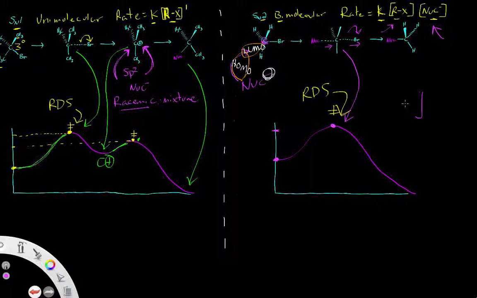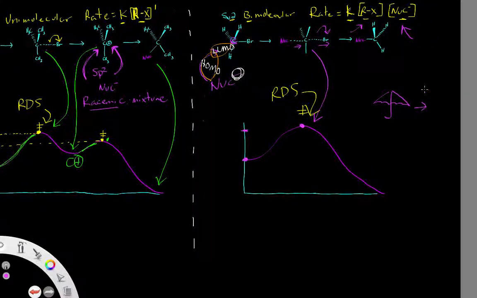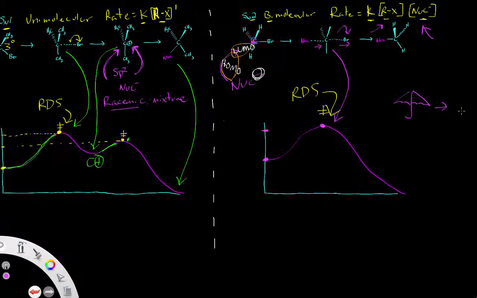But if you have something like this, and you go through a tropical rainstorm, you may end up with an inverted umbrella, and that inverted umbrella will probably look something like this, because we'll just assume that the wind blew this umbrella and inverted it in the opposite direction, as indicated right here. And so anyway, that's just kind of the analogy to this inversion step that takes place during an SN2 bimolecular reaction.